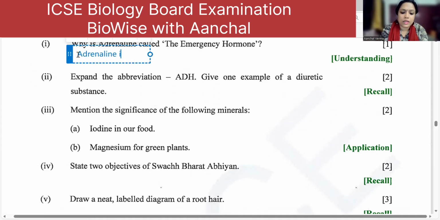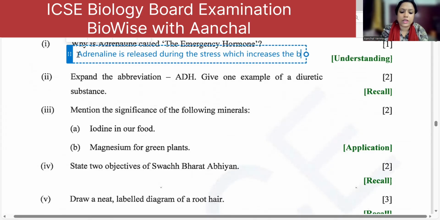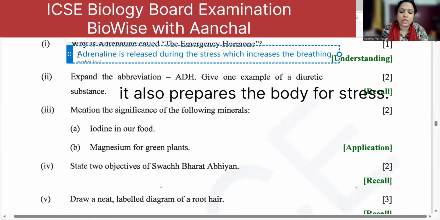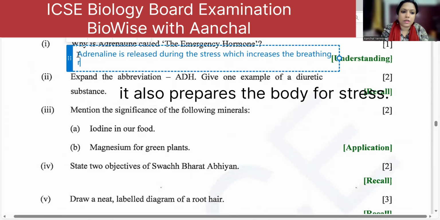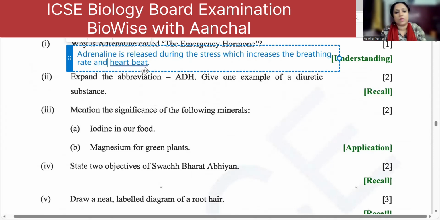Adrenaline is released during the stress, which increases the breathing rate and heartbeat. Okay? So that is why, since it is released during the stress, it is called the emergency hormone, during the emergency time when you need it.